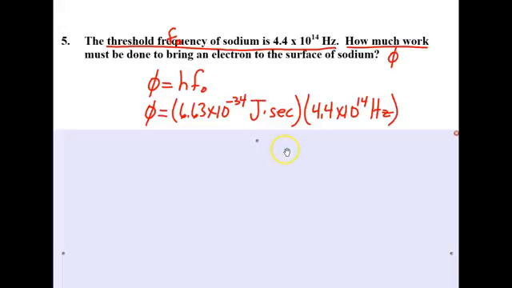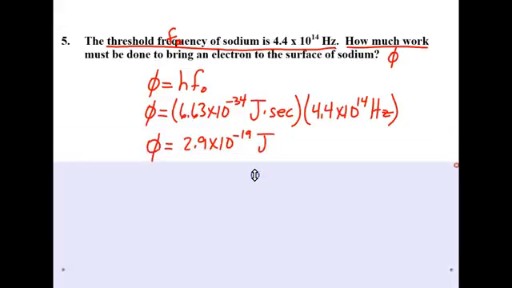Here we'll use the joule-second form of Planck's constant, which you should use unless you're told otherwise, or unless they give you an energy that's in electron volts. So 6.63 times 10 to the negative 34 times 4.4 times 10 to the 14 gives you a work function of 2.9 times 10 to the negative 19 joules.